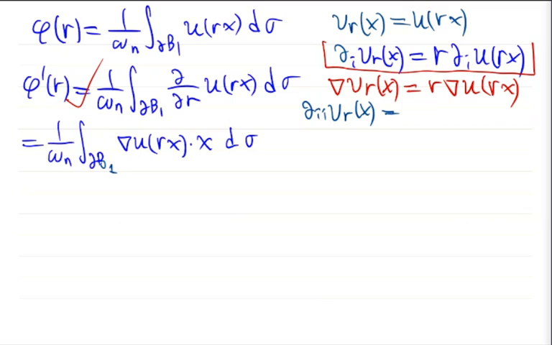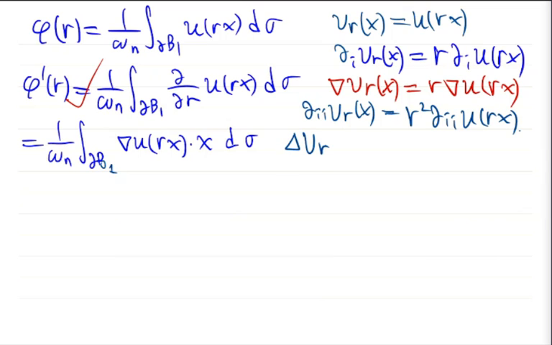Therefore, this result should be r squared dii u(rx). Hence, the Laplacian of Vr at x is the sum of all the second derivatives, so this is r squared times the Laplacian of u at rx. So we have this relation.